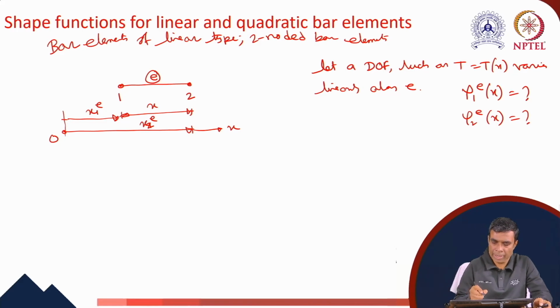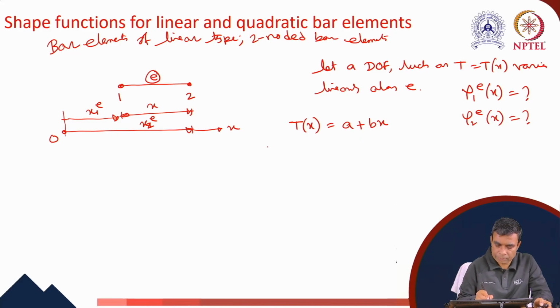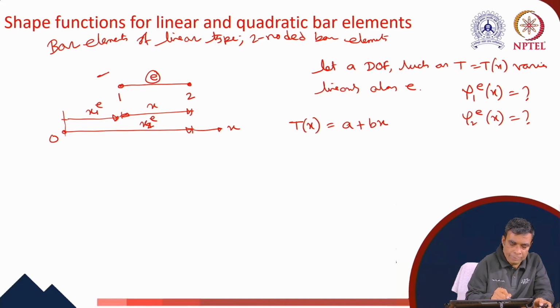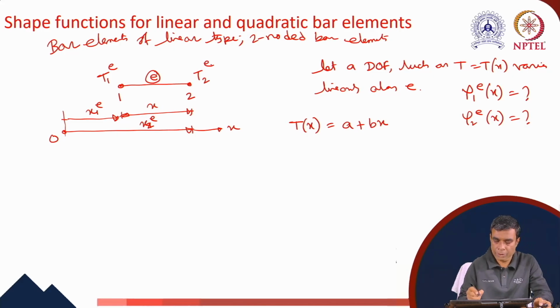So we assume that T(x) equals a plus bx. This is the linear polynomial. Now we have two boundary conditions. At node 1, our temperature is given as T1e. At node 2, our temperature is given as T2e.